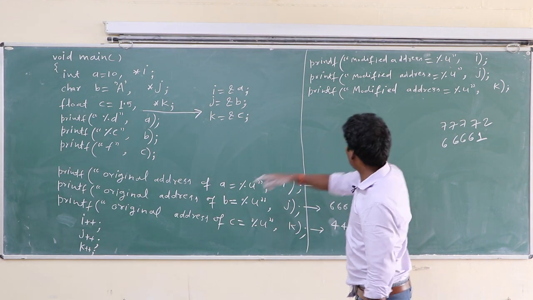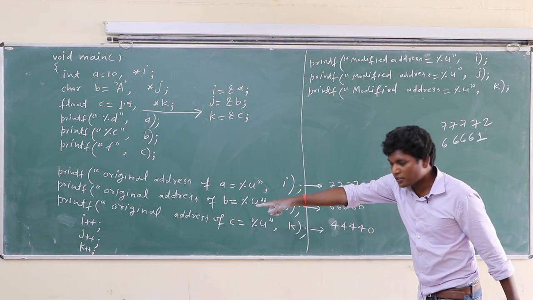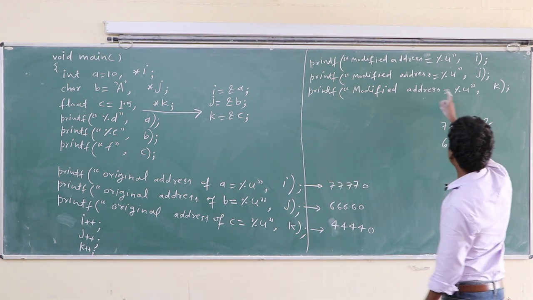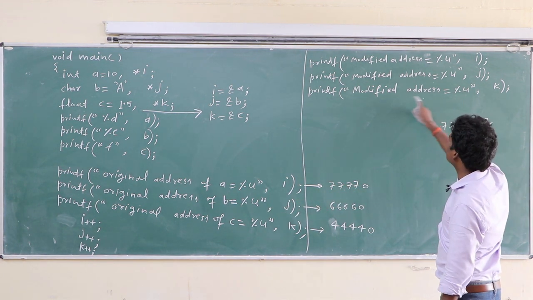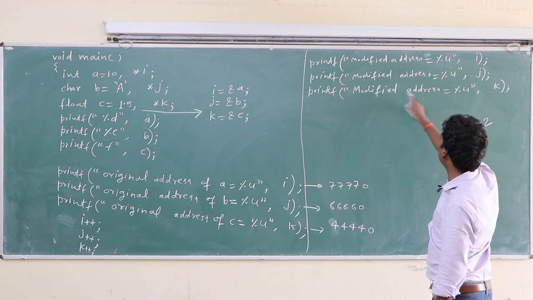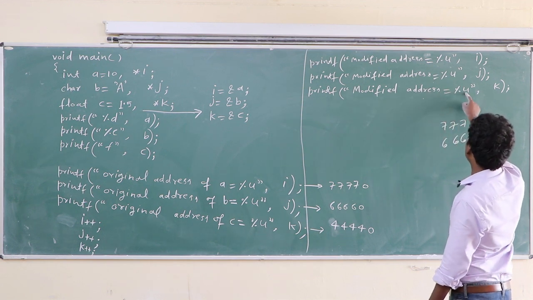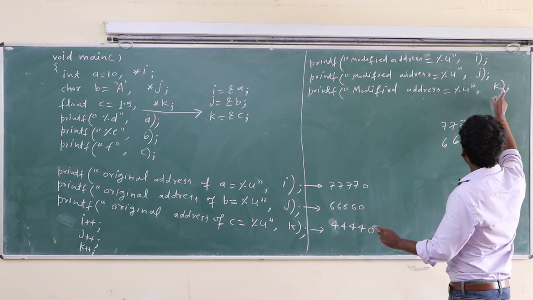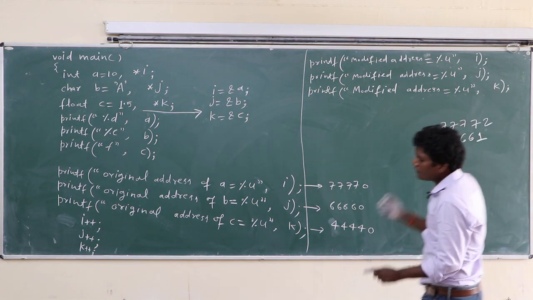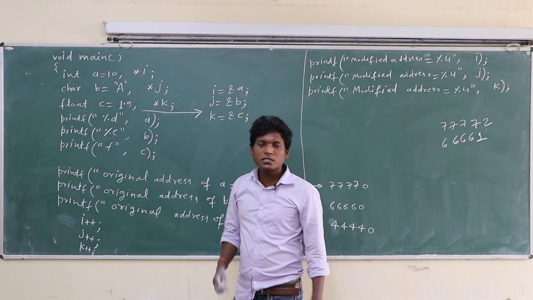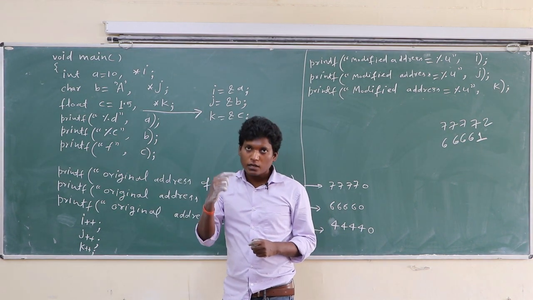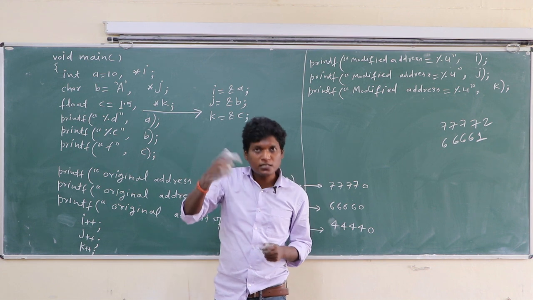Now here is K plus plus. After that you print this. So printf modified address equal to, in place of %u K will be printed, but K has been modified here now. K plus plus means it increments to the next location of its type.